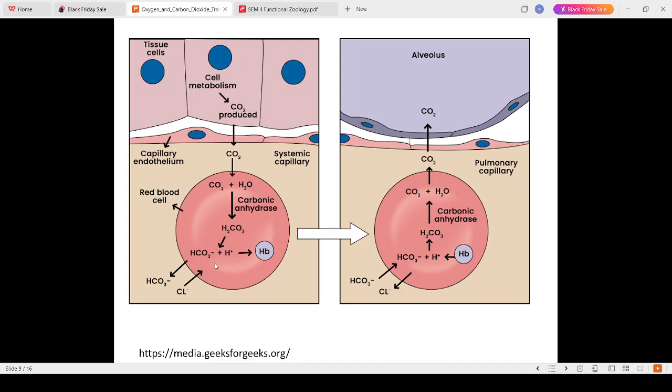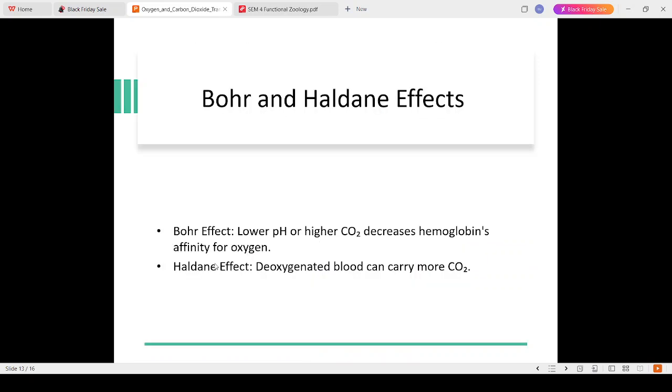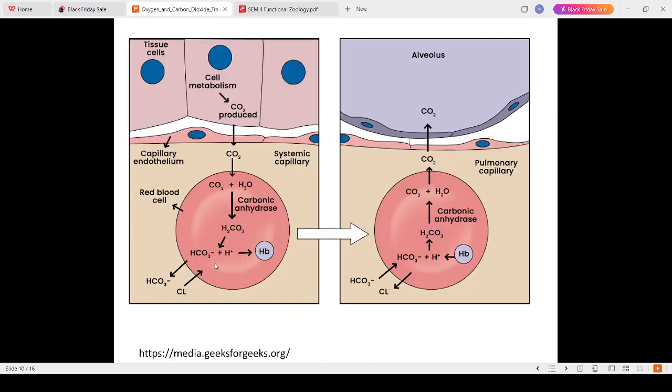This is known as the chloride shift, and also by the name Hamburger phenomenon. So this is the normal mechanism by which this entire process is going on.